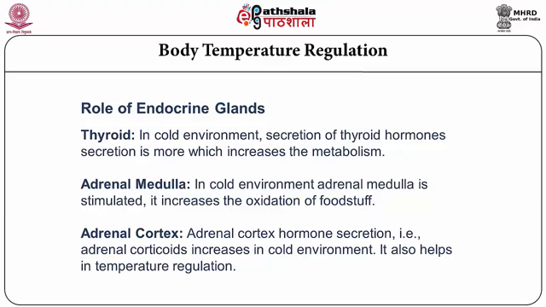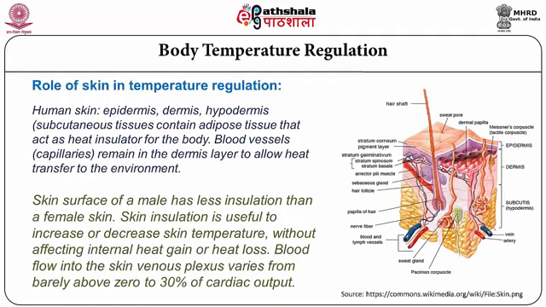In a cold environment, the adrenal medulla also gets stimulated and increases the oxidation of foodstuff. In the case of the adrenal cortex, the adrenal corticoids increase in a cold environment. It also helps you in temperature regulation.